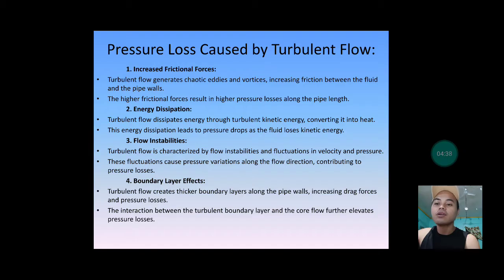Turbulent flow creates thicker boundary layers along the pipe walls, increasing drag forces and pressure losses. The interaction between the turbulent boundary layer and the core flow further elevates pressure losses. This is why turbulent flow causes pressure loss.